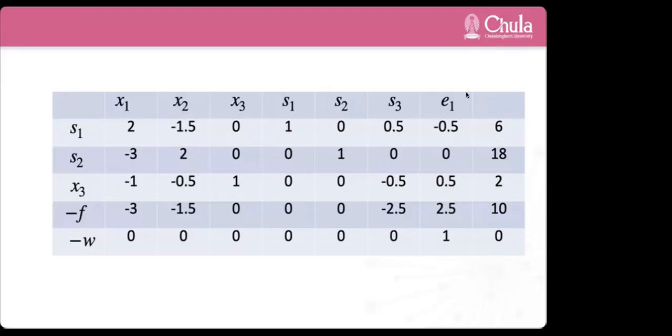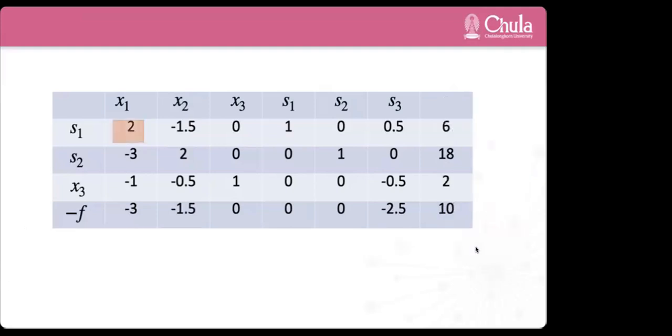So we can remove this column, and we can enter the second phase, phase 2. But if you cannot make W 0, that means the problem is infeasible. You cannot enter the second phase.